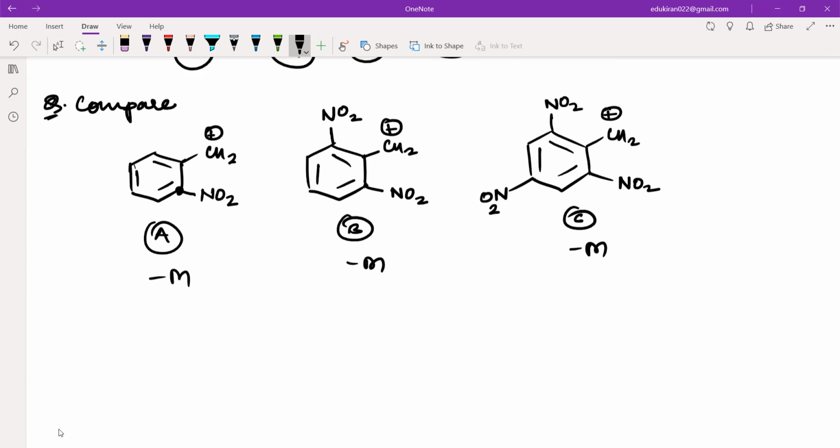Here we have both on the ortho position, and here we have ortho position and also the para position. And hence all of these will be effective minus M, because they are not in the meta position, they are in ortho and para position.